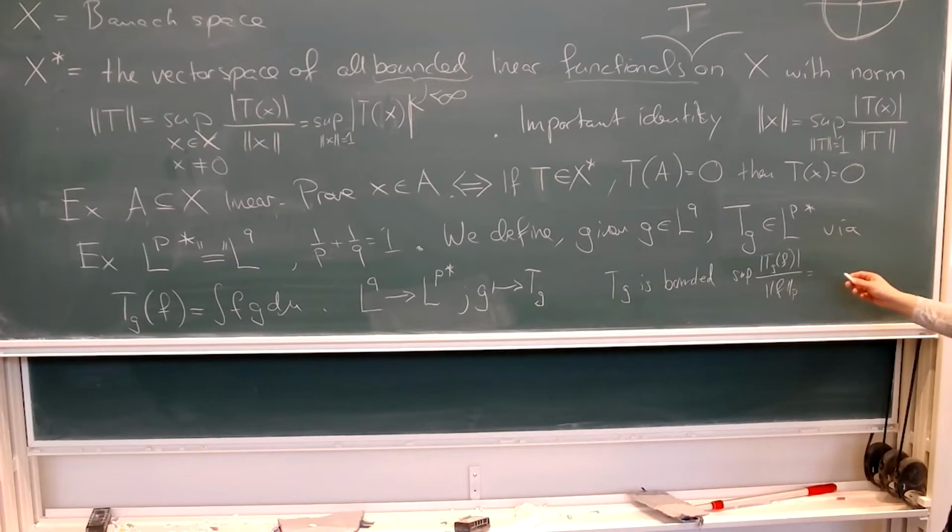So Hölder says that this is less than or equal to the supremum of the norm of g in q, and then I have the norm of f divided by the norm of f, so that disappears. So take the supremum of a constant value for all functions f which are not equal to 0. Well, this is just the norm of g in L^q.